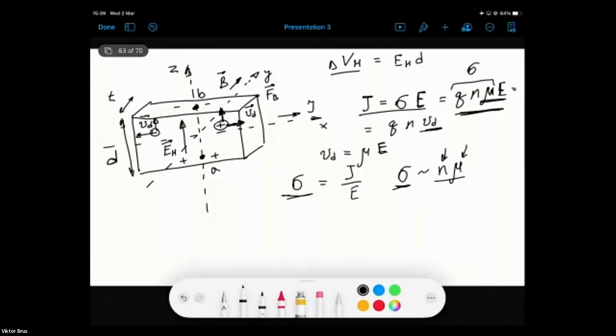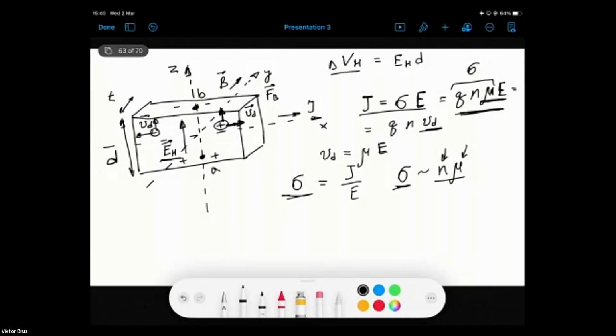So, as I said, in external magnetic field, there will be some magnetic force exerted on mobile charge in this conductor. Equilibrium condition will happen when magnetic force is compensated by electric force, which originates from this induced internal electric field, Hall field.